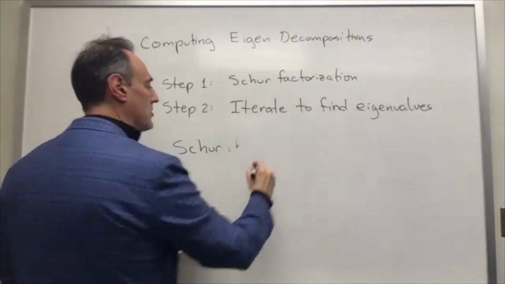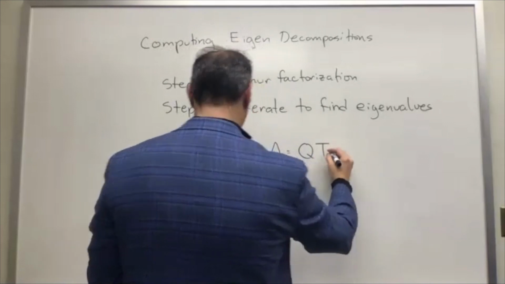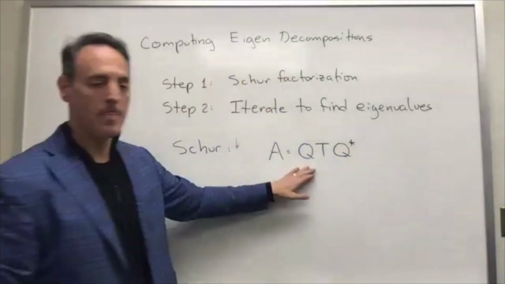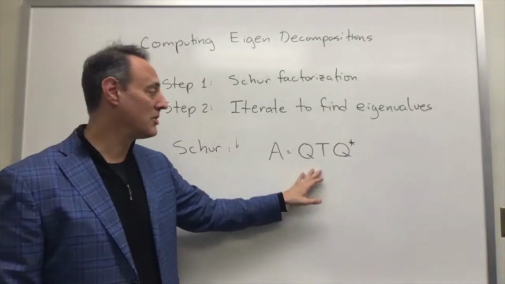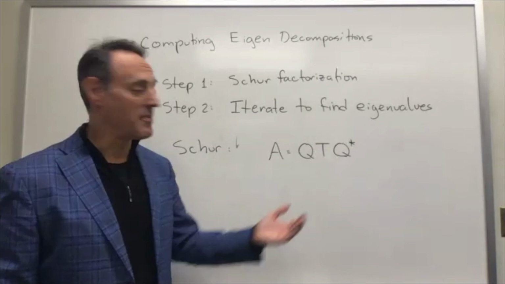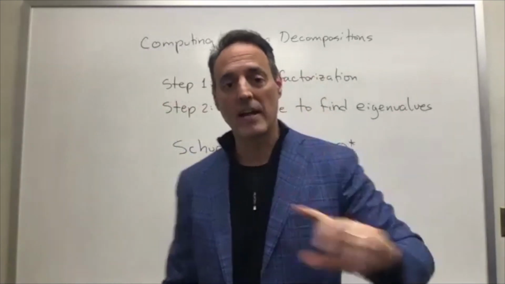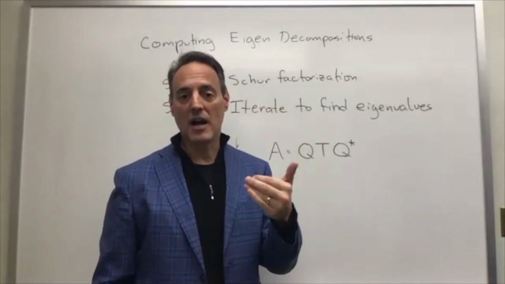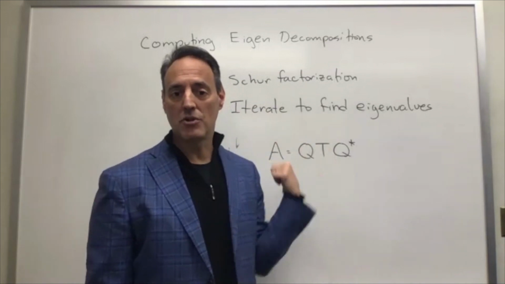And the Schur factorization is just a self-similar transformation that takes the following form, where Q is exactly what you might expect. Q is some unitary transformation. Remember the Q, we used this before when we did QR decomposition. In fact, for a long time, we used the QR algorithm as a way to do this decomposition.